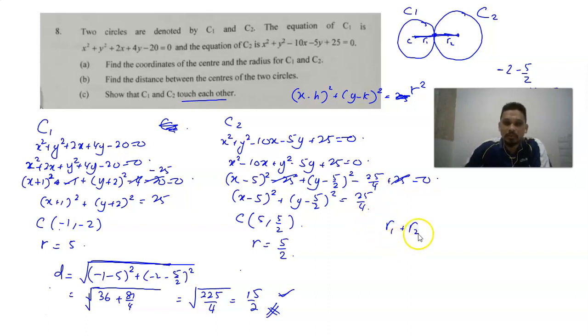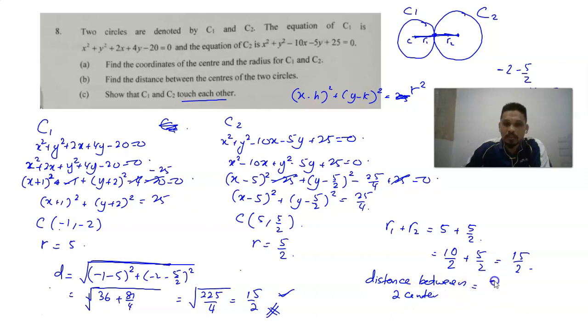R1 plus R2, where R1 equal to 5 and R2 is 5 over 2. Change 5 into a denominator of 2: 5 times 2 equal to 10 over 2, plus 5 over 2, then it is 15 over 2. So the distance between the two centers equals the summation of the radius of circle number 1 and the radius of circle number 2.